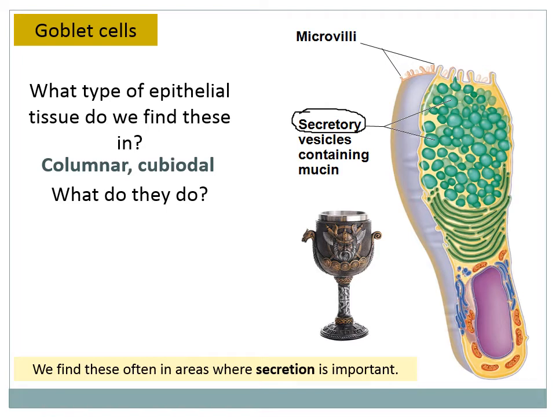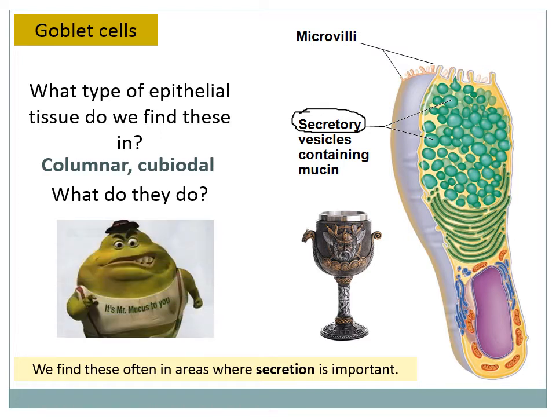I actually had circled goblet cells. So looking at a goblet cell, they have this stuff called mucin in them. What do you think goblet cells secrete? Yeah, they're going to secrete mucus. All right, so goblet cells are all about secreting mucus.